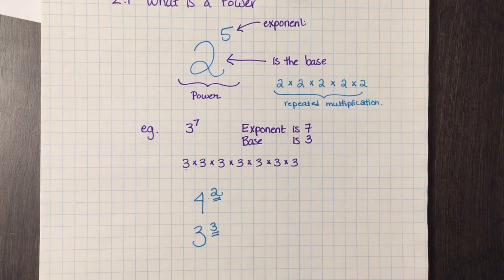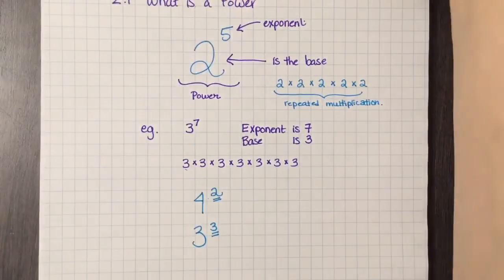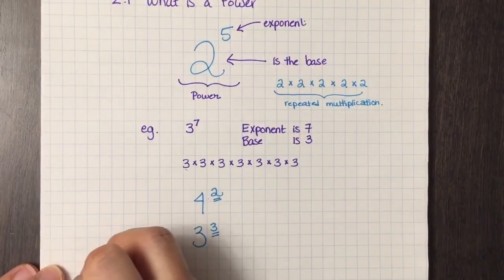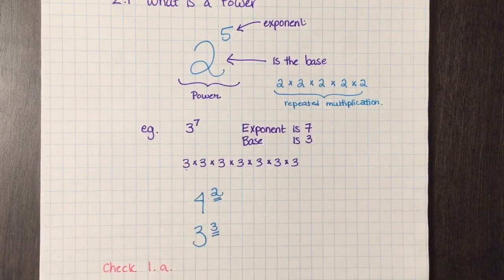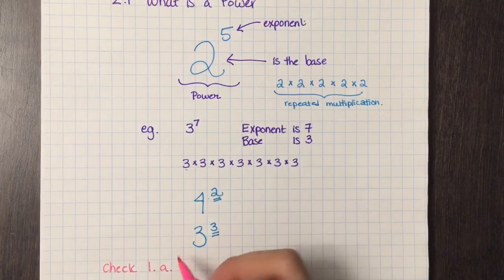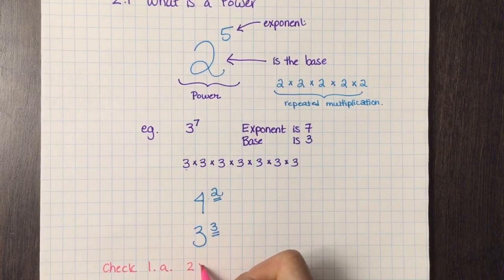Take a look at the example at the bottom. It says write as a power. Actually, let's go to the check on the next page. It says check number 1. Write that down. Check 1A. It says write as a power. The first one has 1.